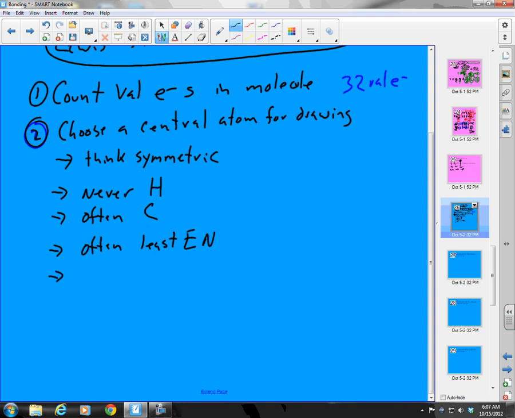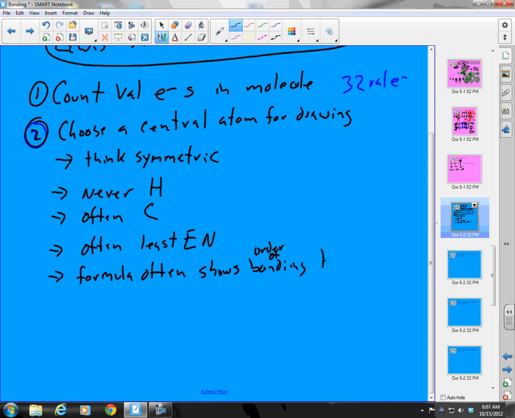And finally, often the formula shows the order of bonding.